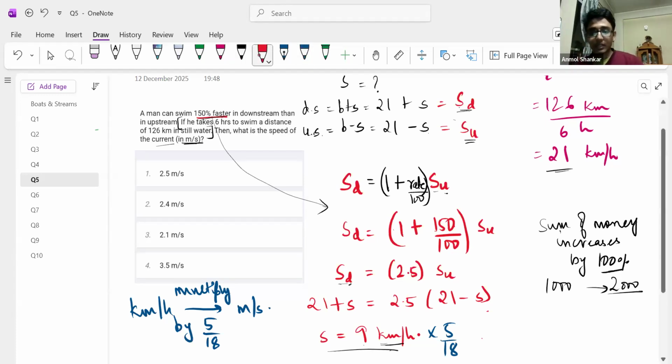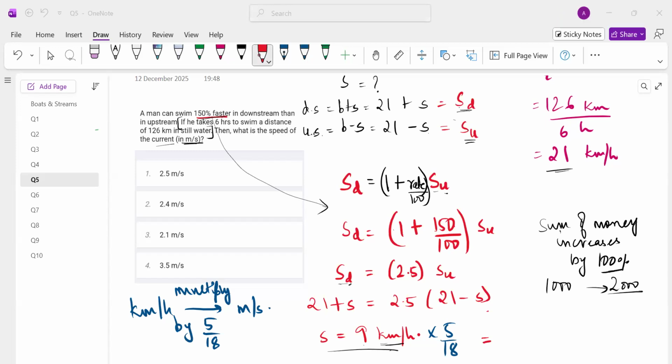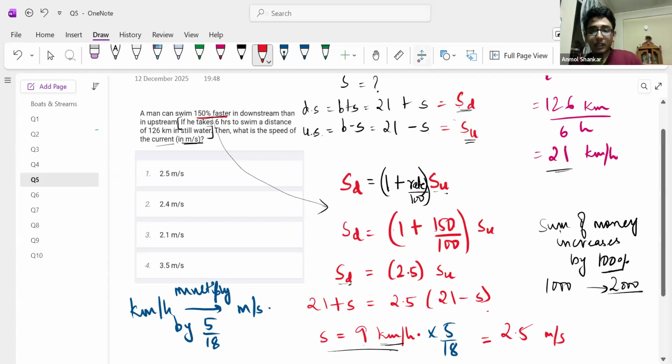So என்ன வருது answer? 2.5, sir. Right? Correct. 2.5 meter per second, right?